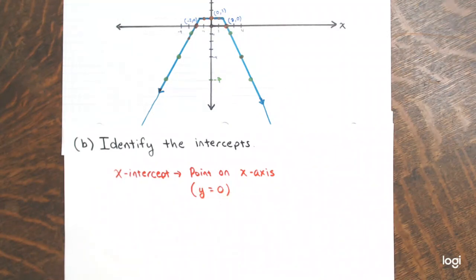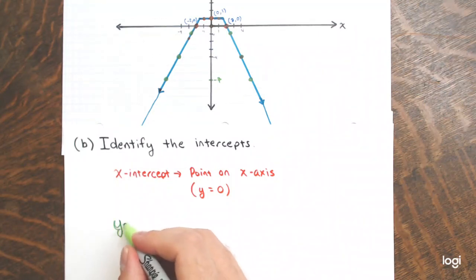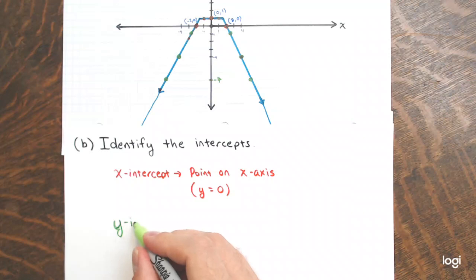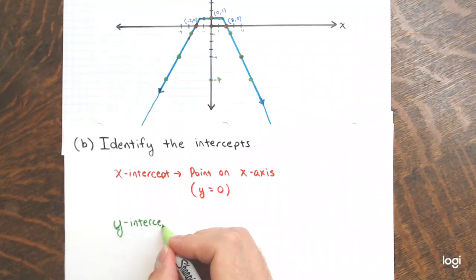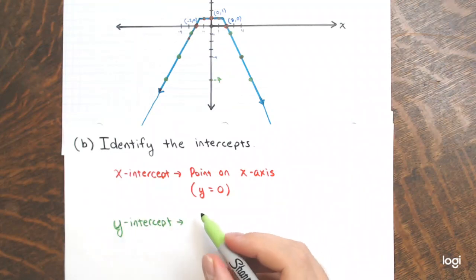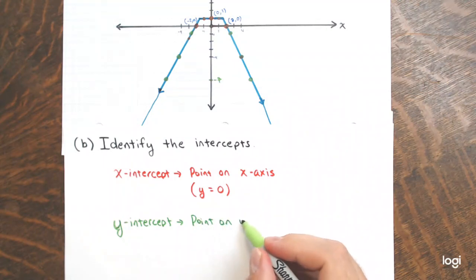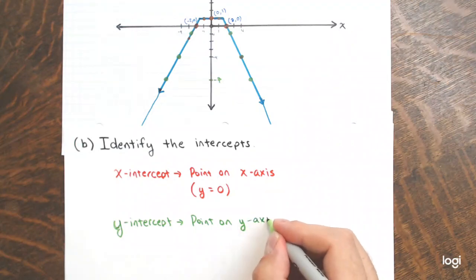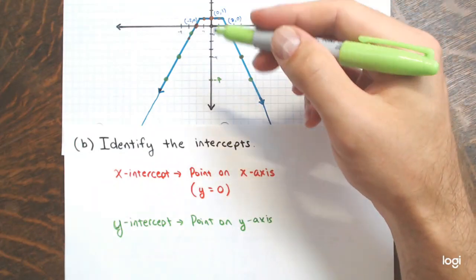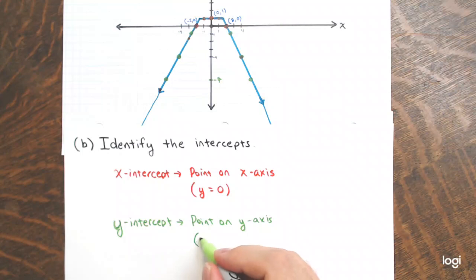All right, and a y-intercept for a graph is any point that's on the vertical axis, the y-axis. So it's any point of the graph that's on the y-axis. And if you are on the y-axis, that means you have an x-coordinate of 0.